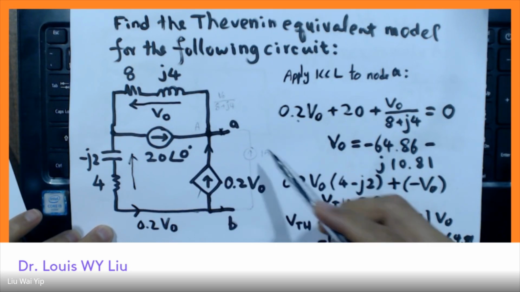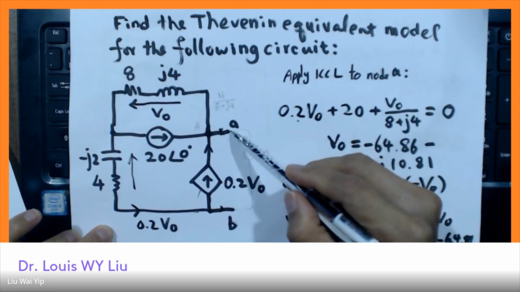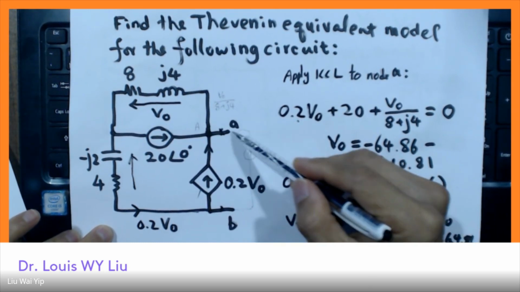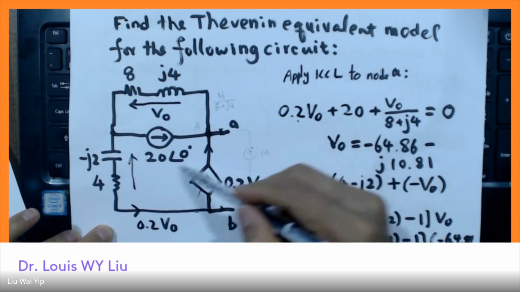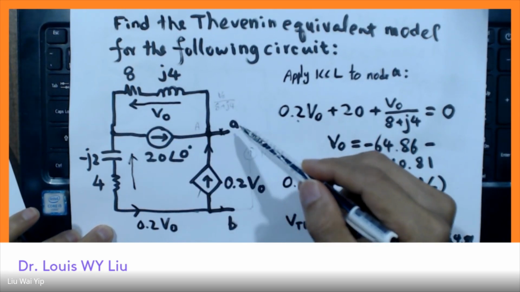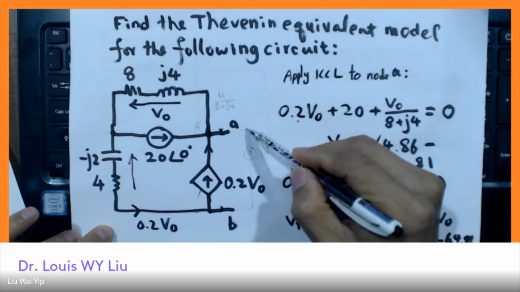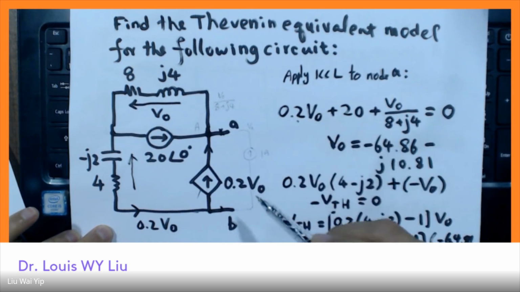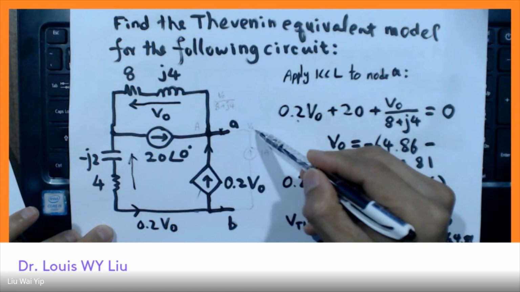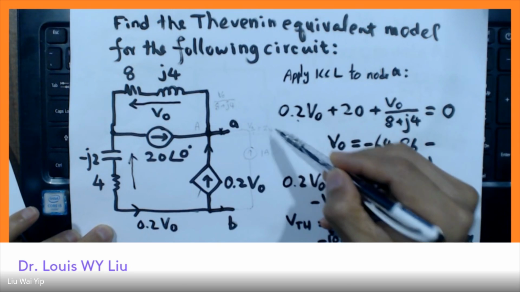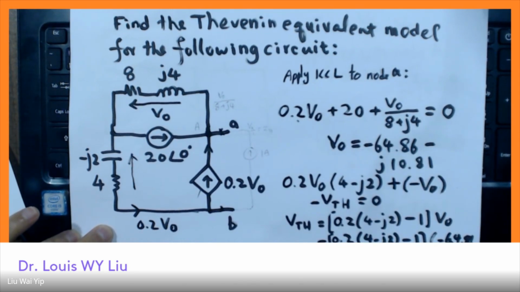And in order to find the Thevenin impedance, all we need to do is to find the voltage here. The voltage here, V of A, divided by current 1, is the Thevenin impedance. So this is the trick.